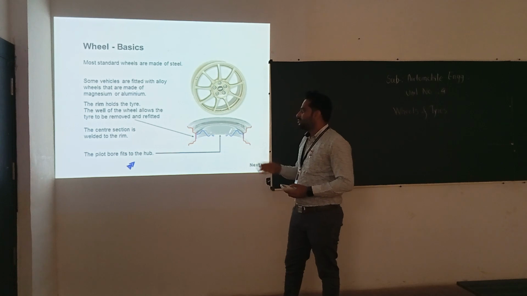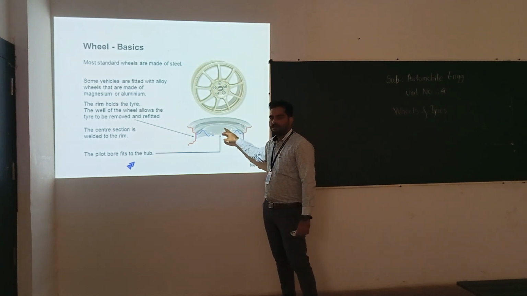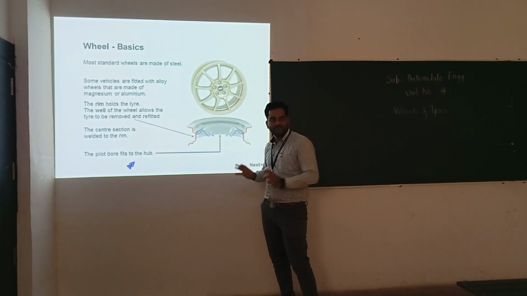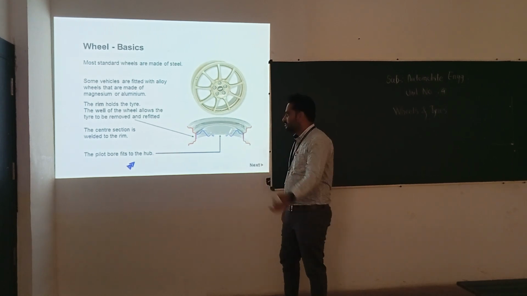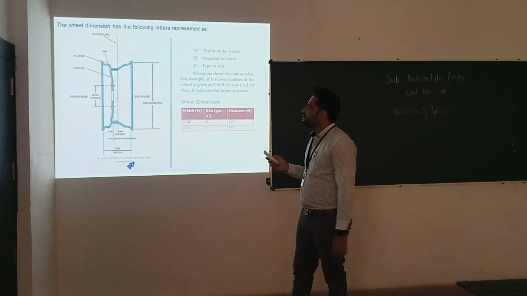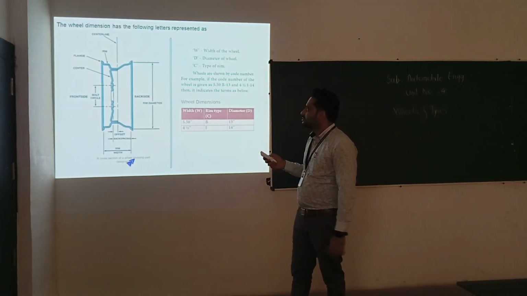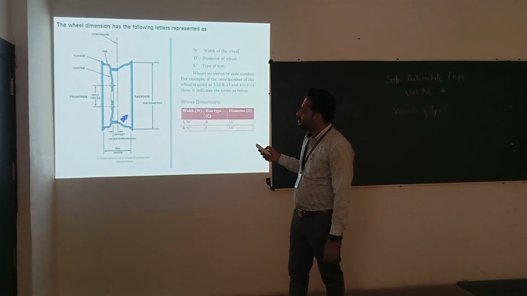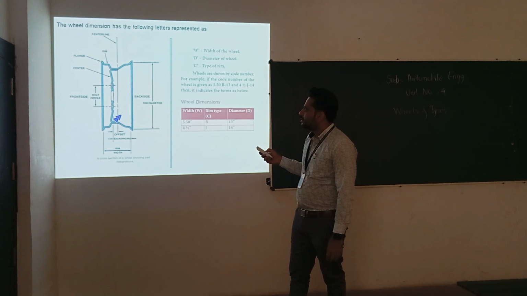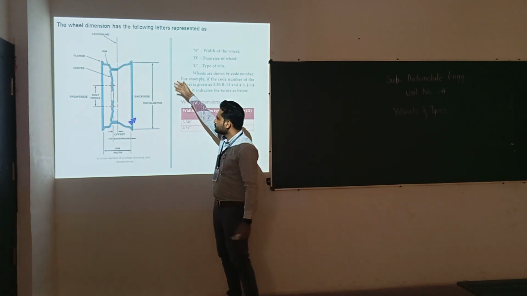This pilot bore fits the hub. Here is the pilot bore; the wheel will be fitted to the hub of the axle. Here you will see the wheel dimensions represented by the following letters. This is the center line of the wheel. Here is the rim diameter.